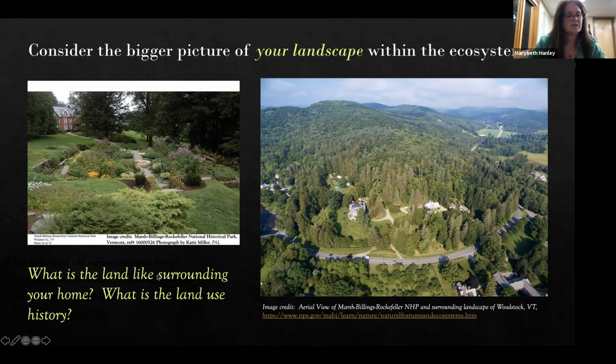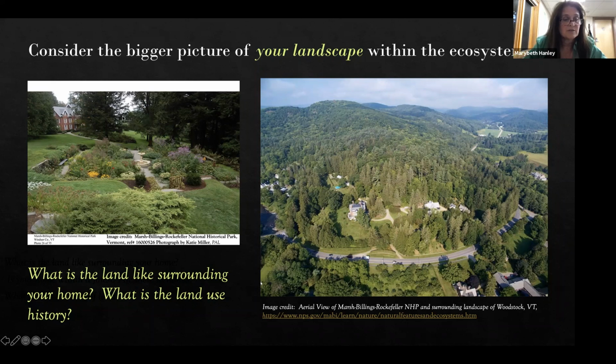So it helps to think about what is the land like surrounding your home? What's the land use history? Is it forest? Is it wetland? Has it been used agriculturally? This property on the left is a national park. This is Marsh Billings Rockefeller National Park in Vermont.